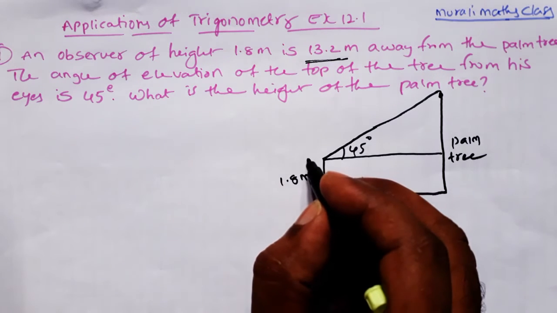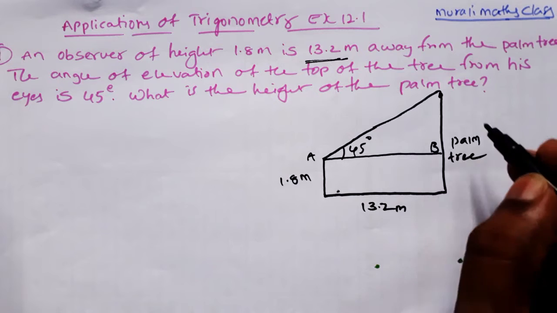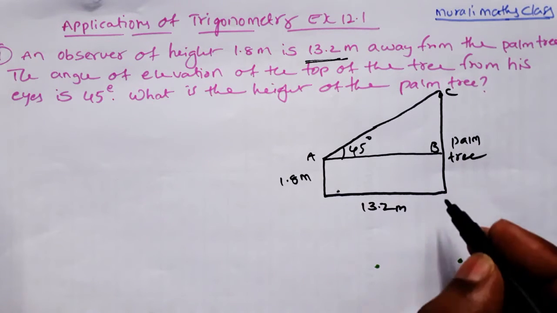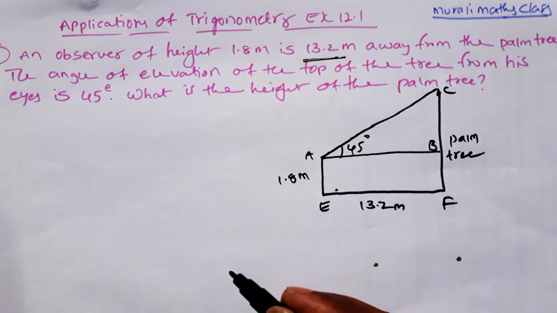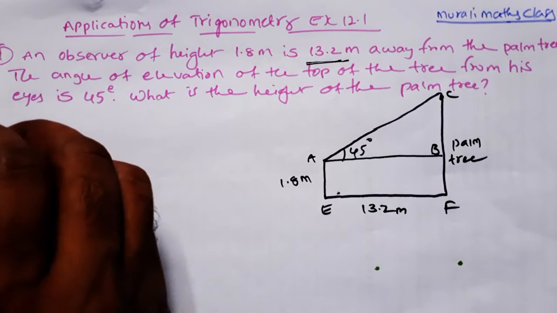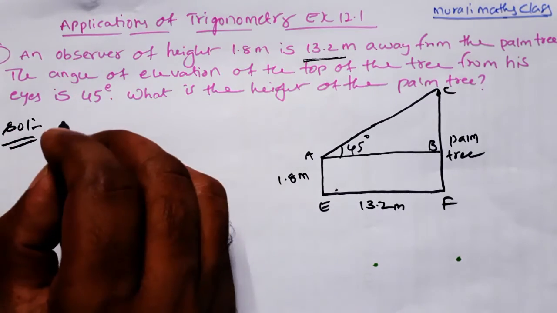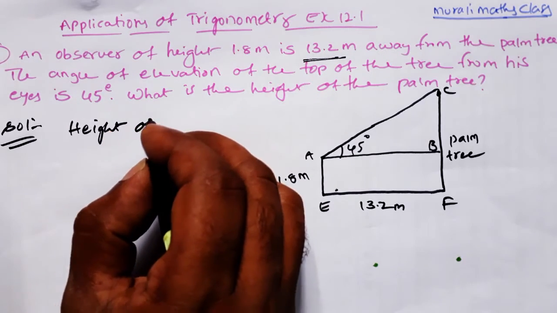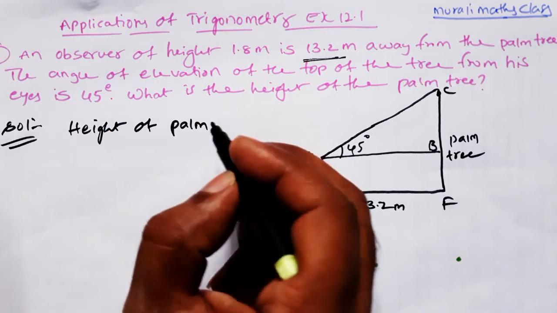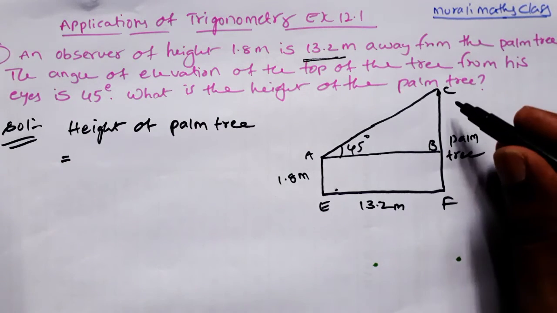So let us give the names for this: A, B, C, E, F. So what we have to find? We have to find the height of the palm tree. Okay, see here. Solution. Height of palm tree equals to, what is the height of the palm tree?